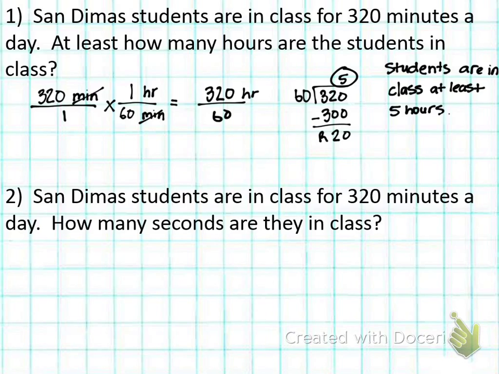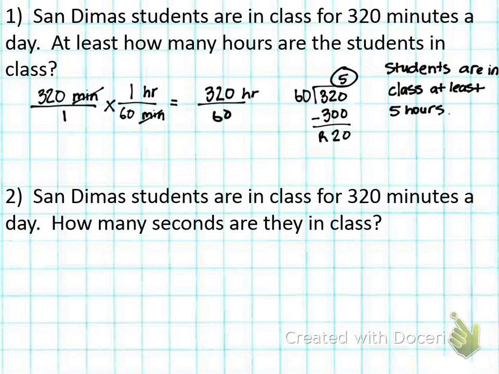Any questions on number 1? Okay, again, what did I just do? First thing I did is I read the problem completely. I figured out what was the original number or the unit I wanted to go from. I wanted to go from minutes to hours because the problem gave me the problem in minutes, and then I want to end off in hours, right? Does that make sense? So I started with 320 minutes, made it a fraction, and I knew there was a conversion factor for minutes to hours.